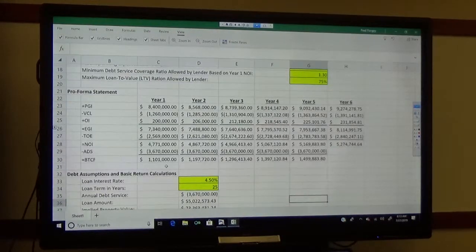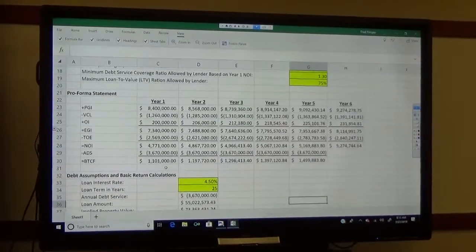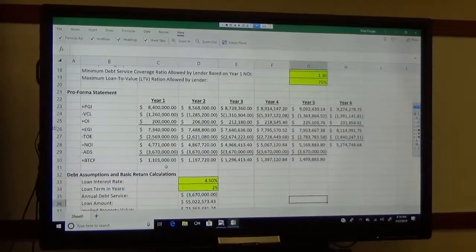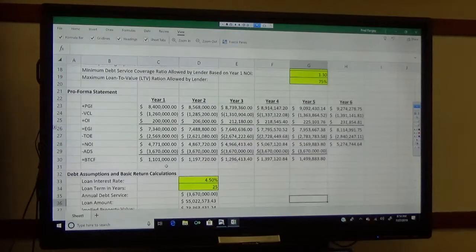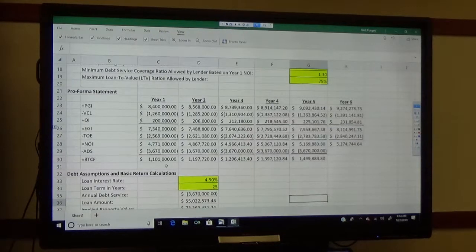Now, what this means is if a lender has set a minimum debt service coverage ratio of 1.30, then your net operating income needs to be 30% higher than your annual debt service. Your annual debt service is your principal and interest payment to the lender, that total combined dollar amount.